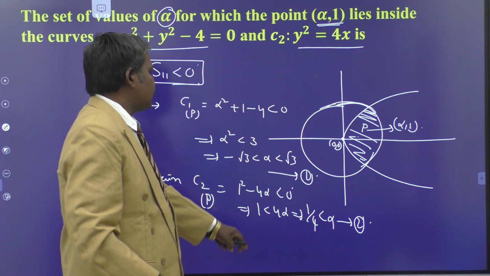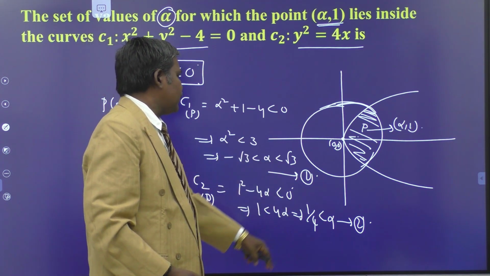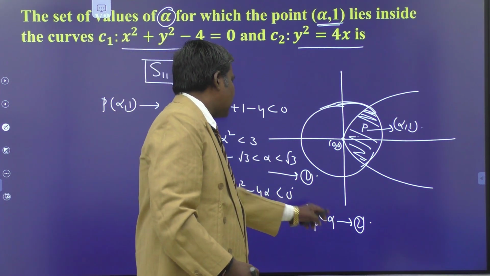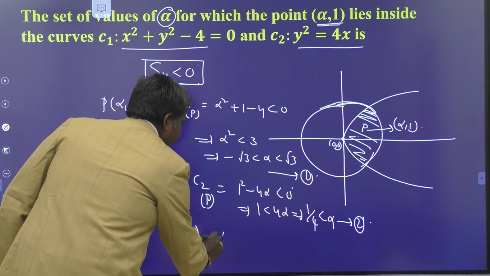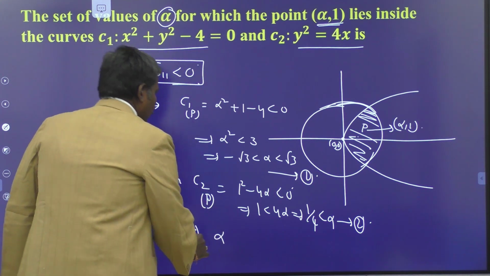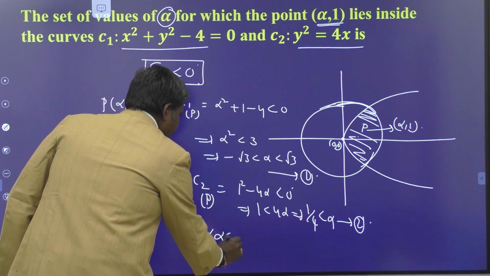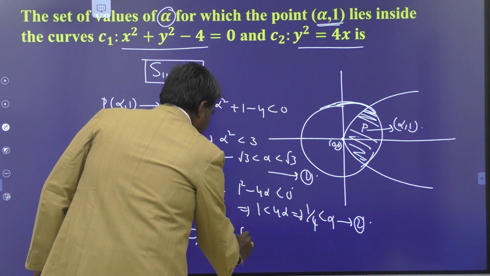Now we have to take the common value for alpha from 1 and 2: 1 by 4 less than alpha less than root 3. Simple way. So therefore the range of alpha is 1 by 4 less than alpha less than root 3.